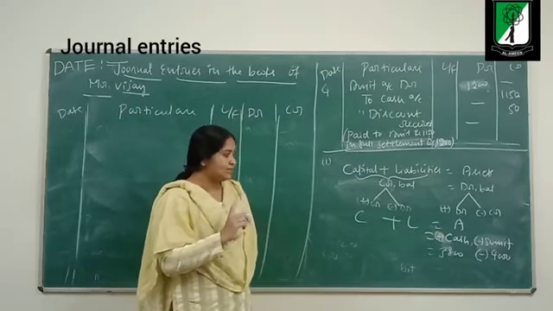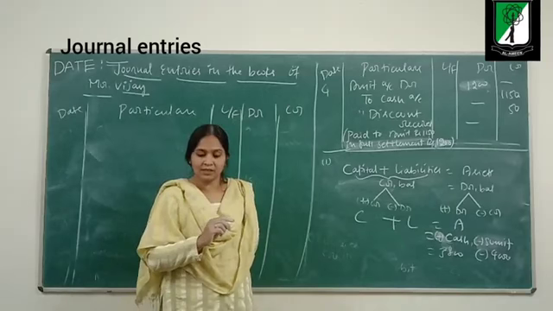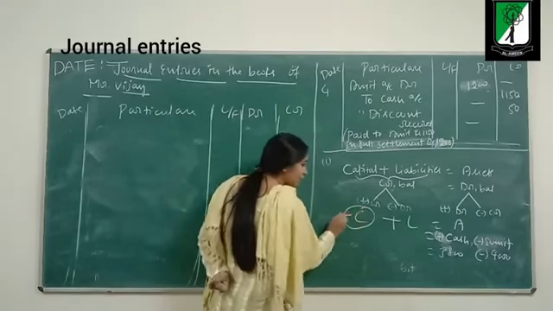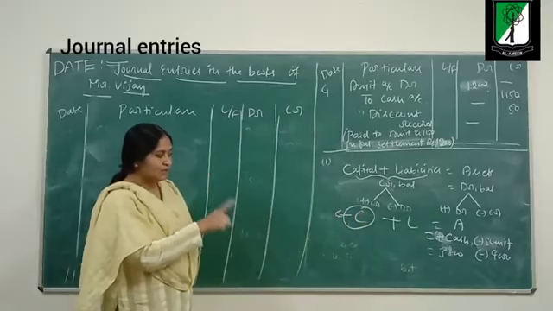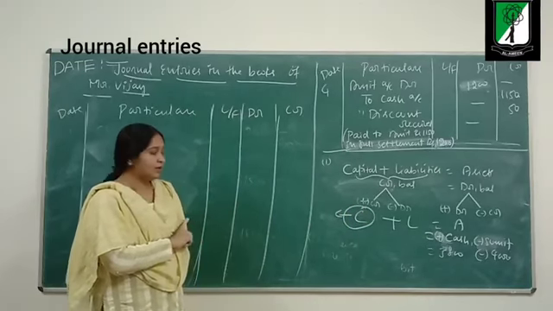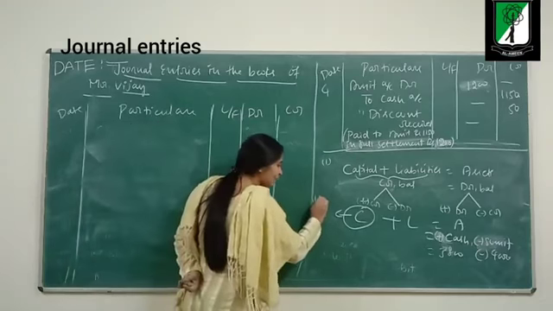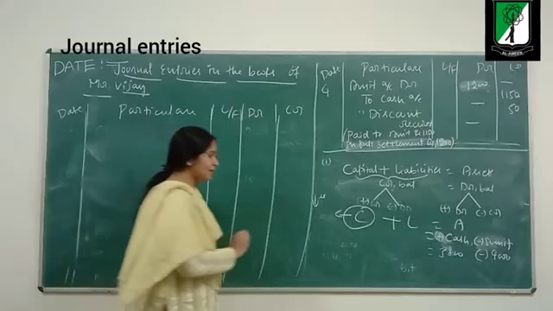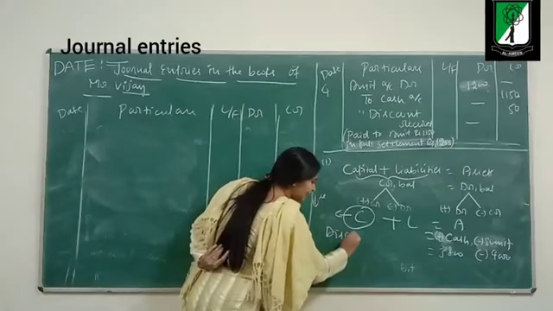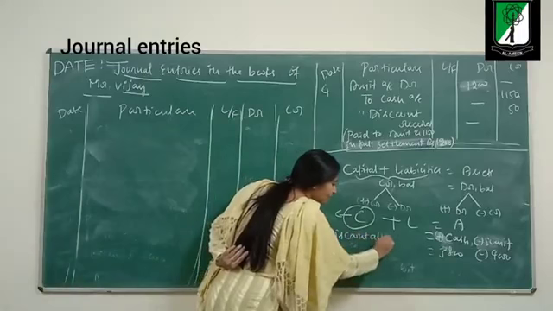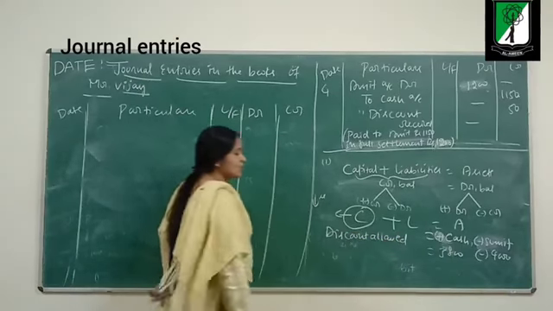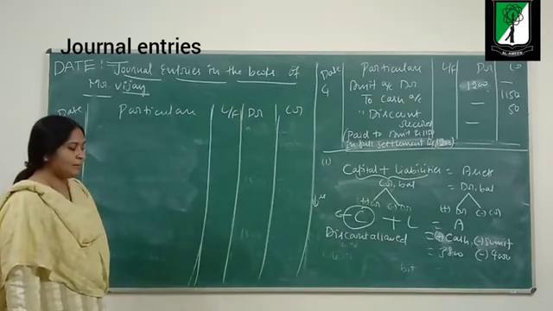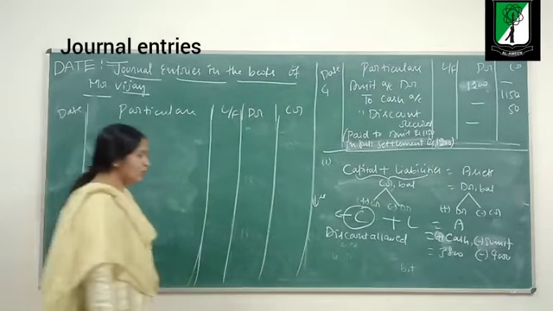What is the difference? 3,800 minus 4,000 is 200. So what is happening to my capital? Instead of receiving 4,000, I am receiving only 3,800, so my capital is decreasing. The reason for the decline in capital is that the business has given a discount to Sumit.